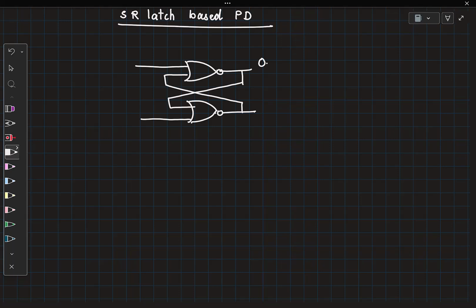Let's say these outputs are O1 and O2. This is your set or the S signal. This is the reset or the R signal.